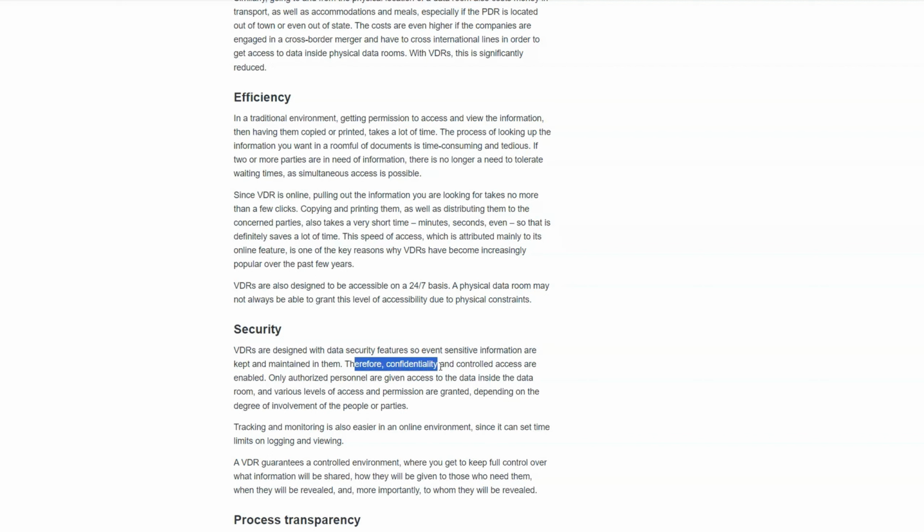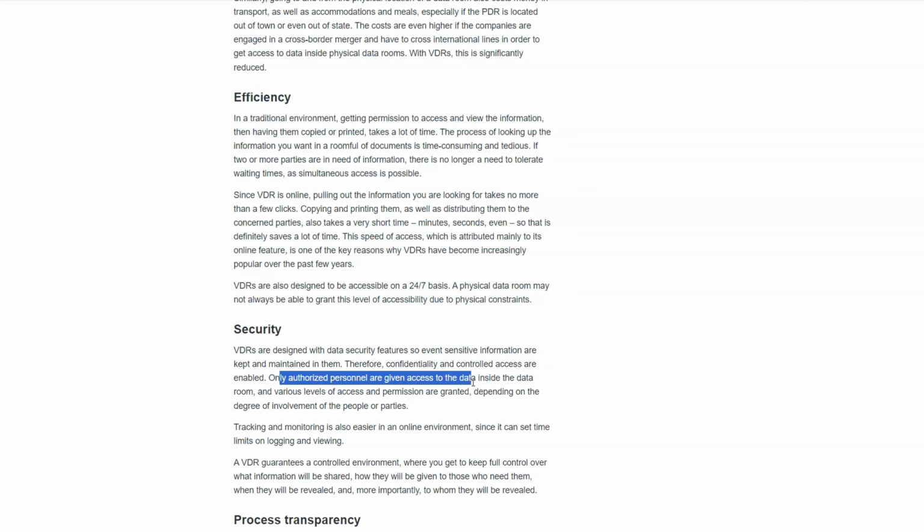Therefore, confidentiality and controlled access are enabled. Only authorized personnel are given access to the data inside the data room, and various levels of access and permission are granted depending on the degree of involvement of the people or parties.